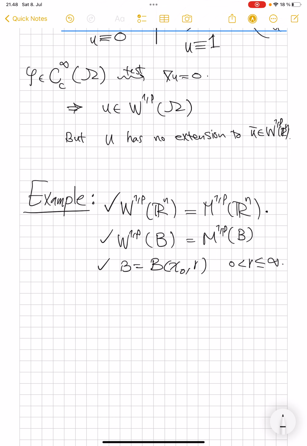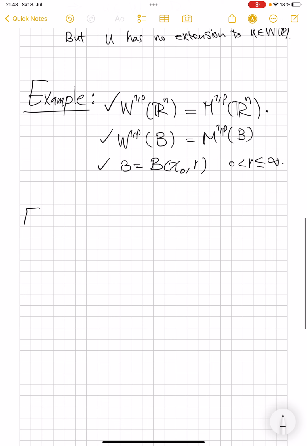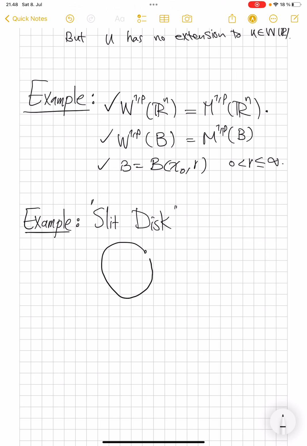We saw an example where they are not equal. Another example will be the slit disk. So this is a go-to example in many scenarios. We will come back to this again and again because it's an easy example to test some questions.